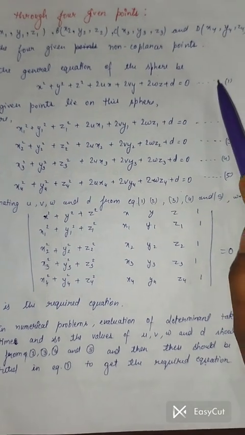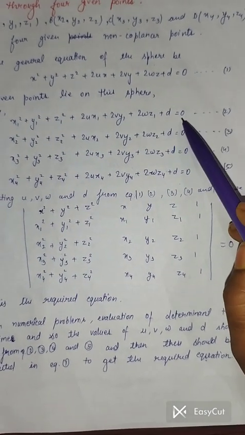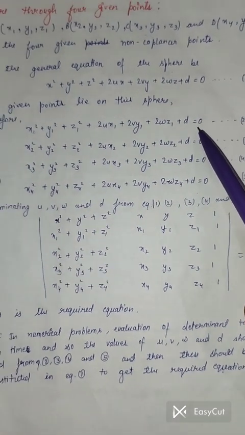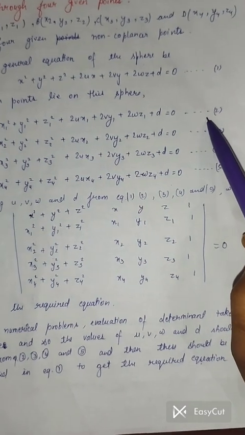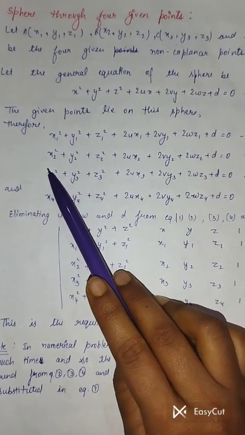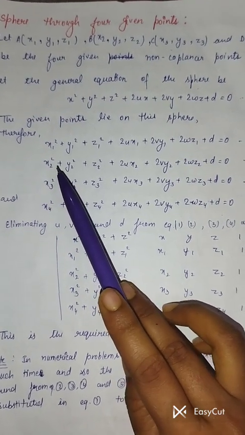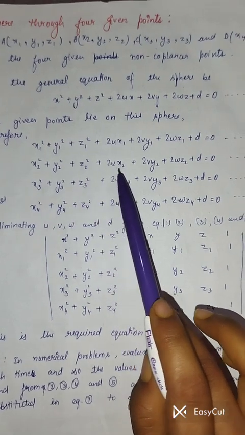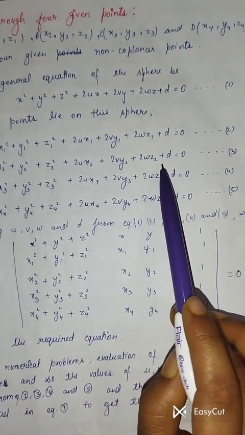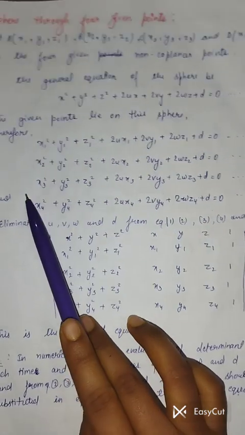Let us assume the general equation as equation number 1 and the equation for the point A be equation number 2. By putting the coordinates of point B, we get x2 square plus y2 square plus z2 square plus 2ux2 plus 2vy2 plus 2wz2 plus d is equal to 0. This is our equation number 3.